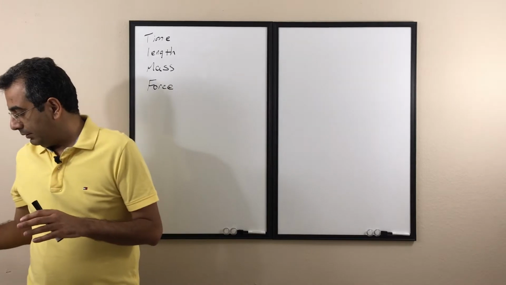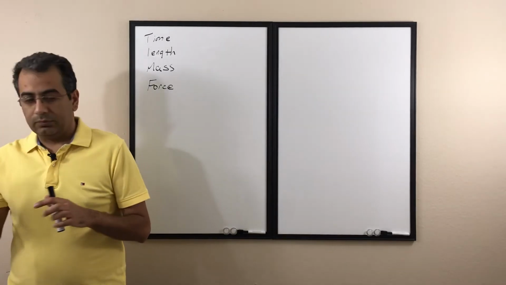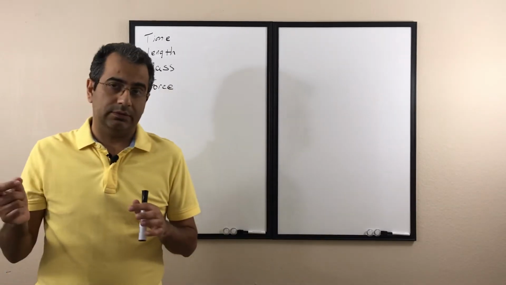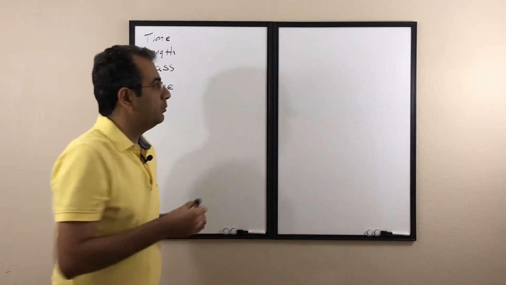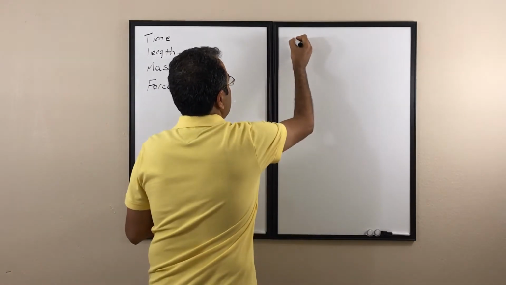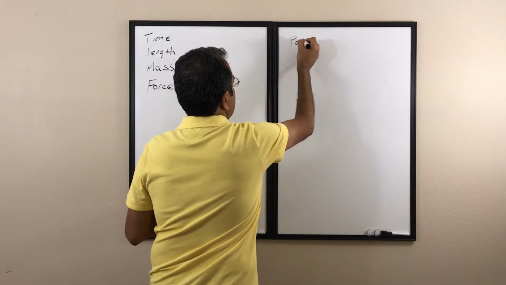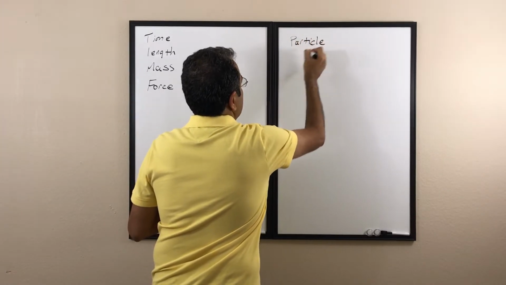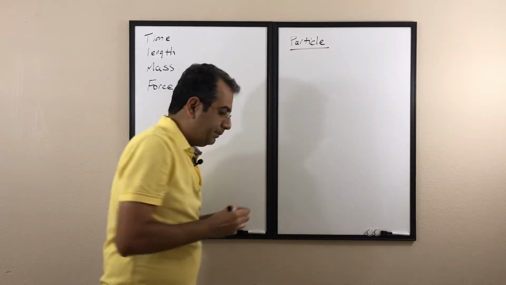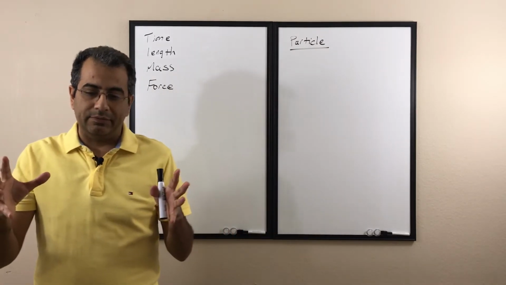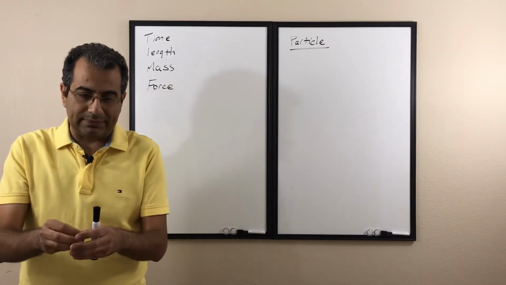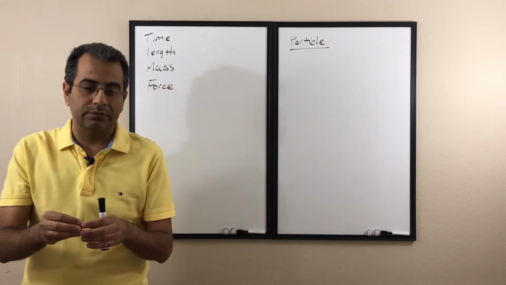The other thing that we need to know is the particle. We talk about the particle a lot throughout the course. When I say particle, basically we are talking about an object whose mass we can concentrate and whose dimensions we can ignore.